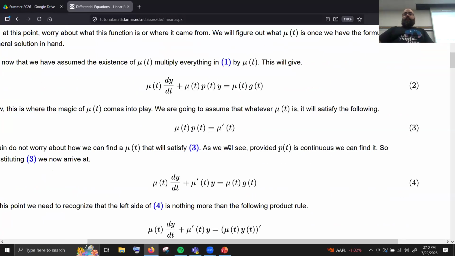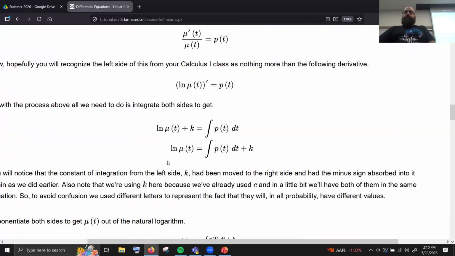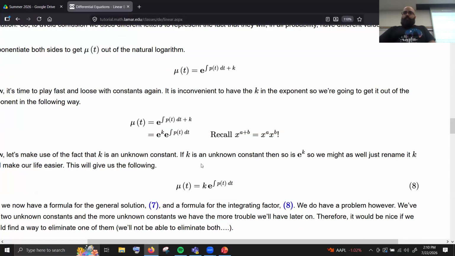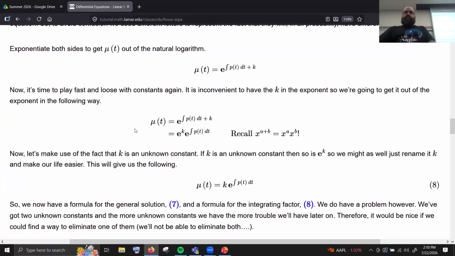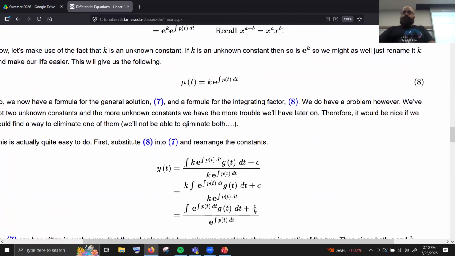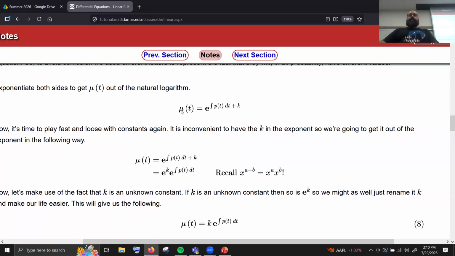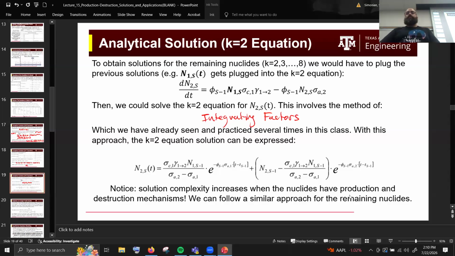Because if I can spell that out, then equation 7 is my governing form for the y of t solution, and mu, the integrating factor, has this definition. So if I can identify p of t and g of t, I've got a plug-and-play form that I could use to solve those equations via integrating factors.